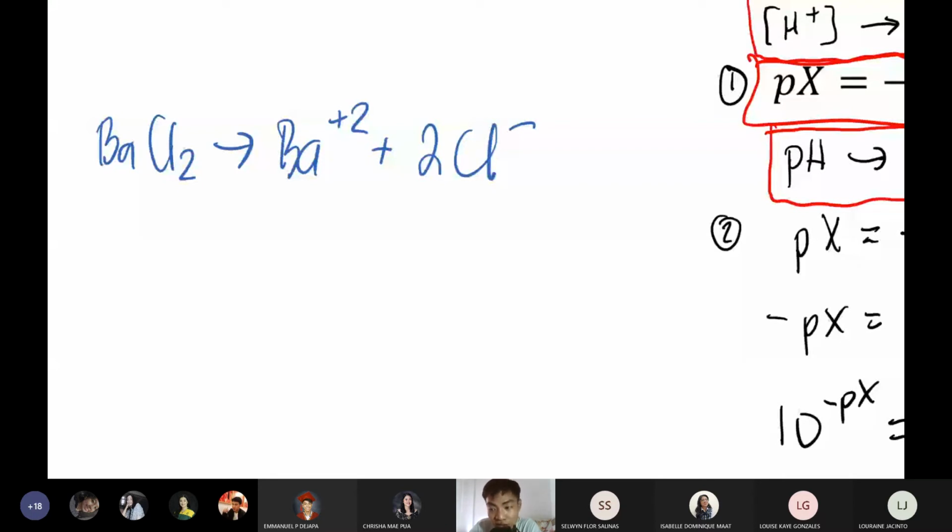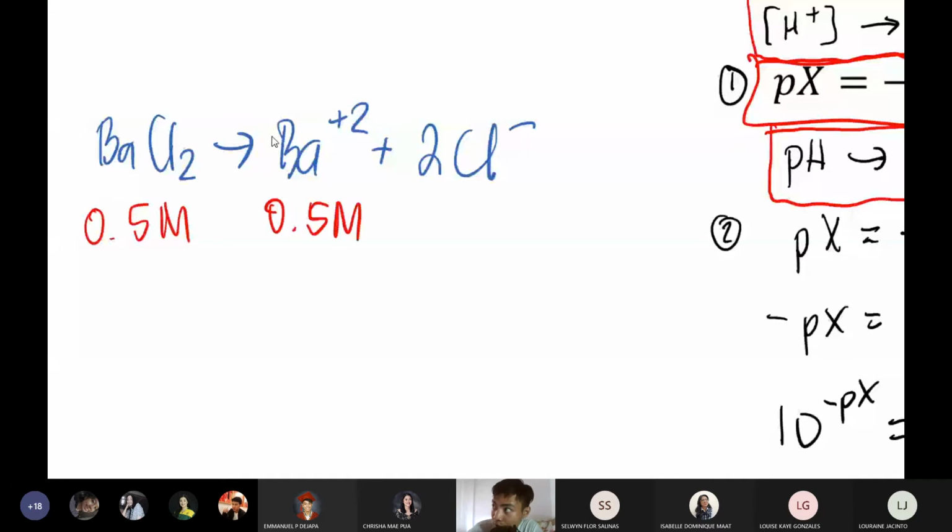So, kailangan naaalala nyo siya, ha? So, kunwari po, ito, 0.5 molar yan. O, ano yung concentration ng Ba2+? Tingnan mo yung stoichiometry. Ano coefficient nito? Isa. So, ibig sabihin, kung ano value nito in molarity, yun din yung value nun in molarity. Okay? 0.5 molar din yan.